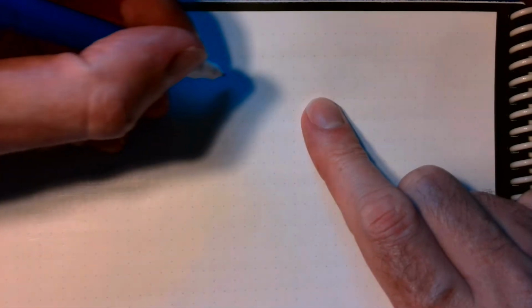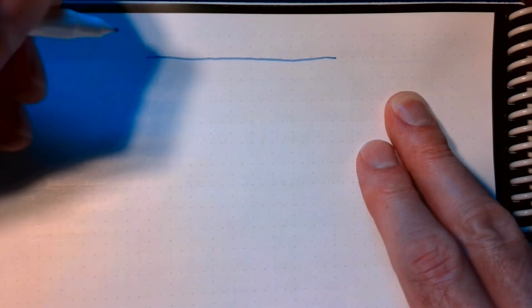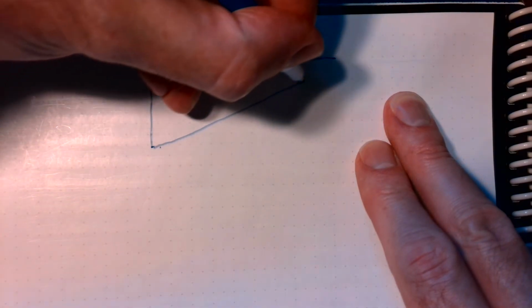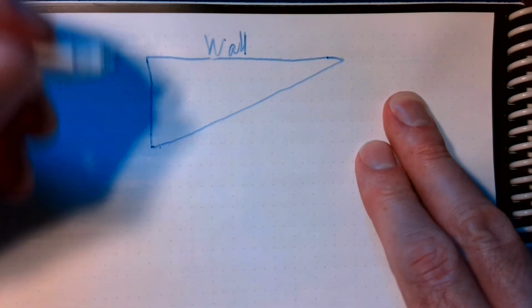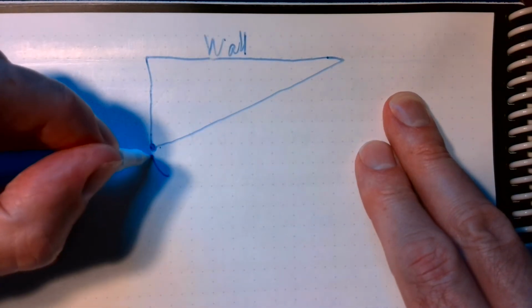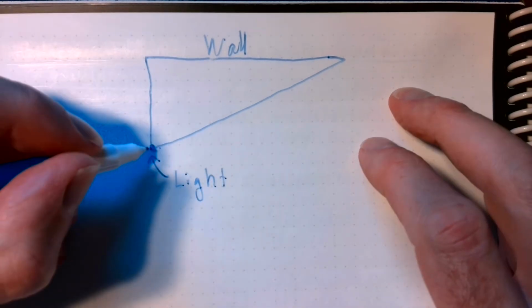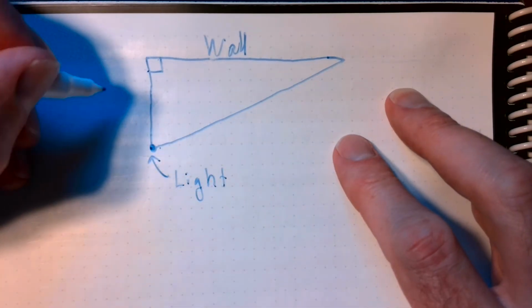All right, so here's how we're going to tackle this problem. Let's do a top-down view here. So there's the wall. This is the lighthouse light. The hypotenuse represents the beam of light coming out of the lighthouse.